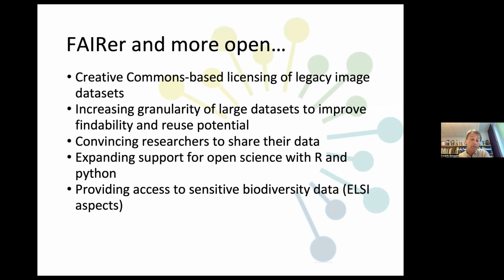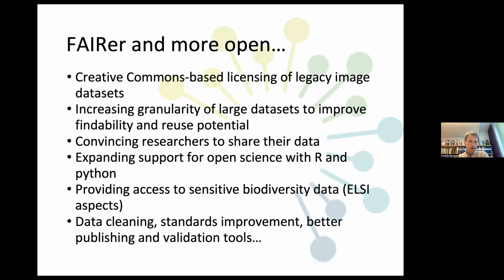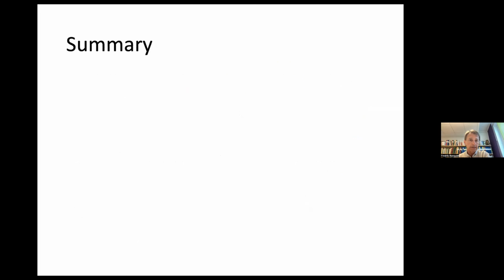So this is a quite complicated area, and slightly has some similarities with sensitive data in the life sciences, but there are some unique aspects to it as well. Data cleaning, standards improvement, better publishing and validation tools across the board, working constantly on trying to improve current practices and ways of making data fair and supporting open science in our field.